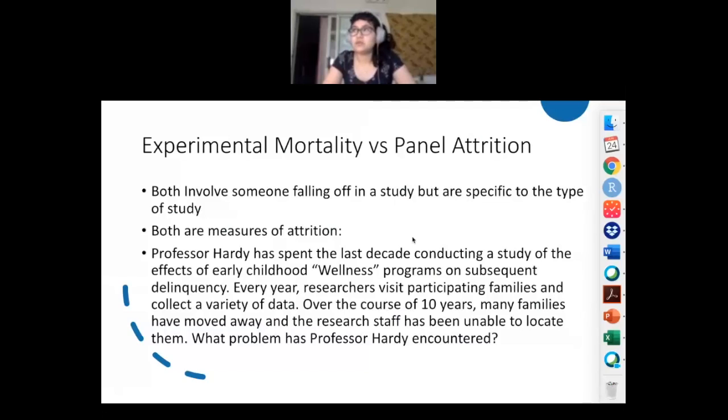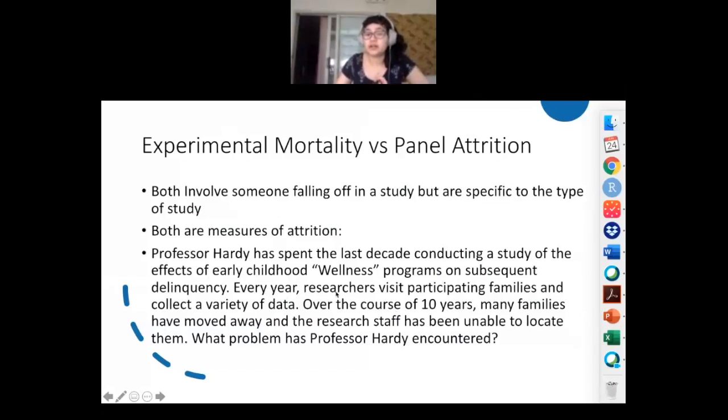Panel attrition is more when people in a panel study, which is a study that occurs every 6 months where you get asked questions as follow-up, are followed as a group at multiple stages in their life across time, and sometimes they fall off and you don't reach them anymore, right? And that's panel attrition.